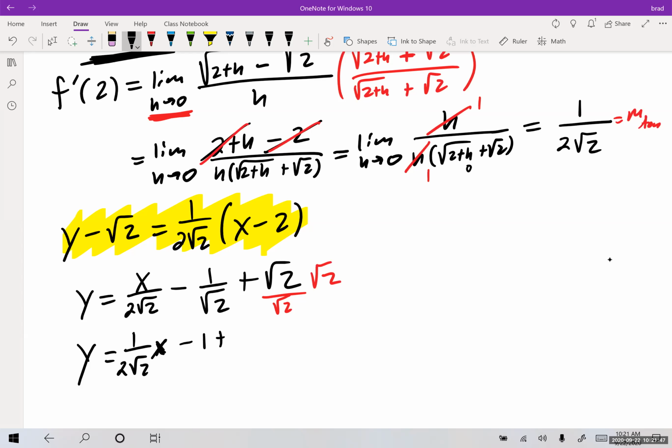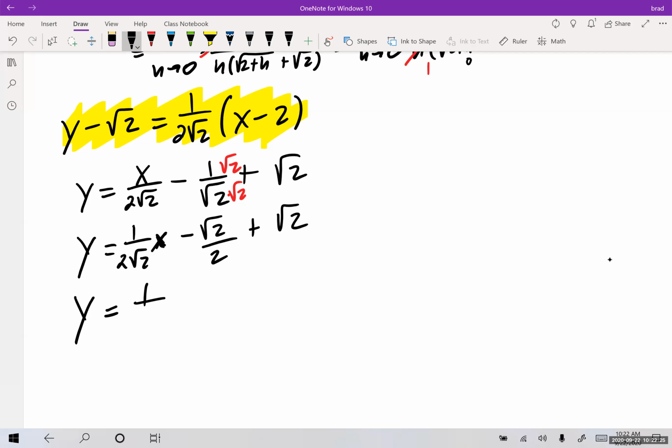Negative 1 plus 2 all over square root 2. Oops, I did it the wrong way. Sorry about that. So this would be 1 over the square root of 2 plus the square root of 2. So this guy needs to rationalize his denominator, and then I can clean them both up.